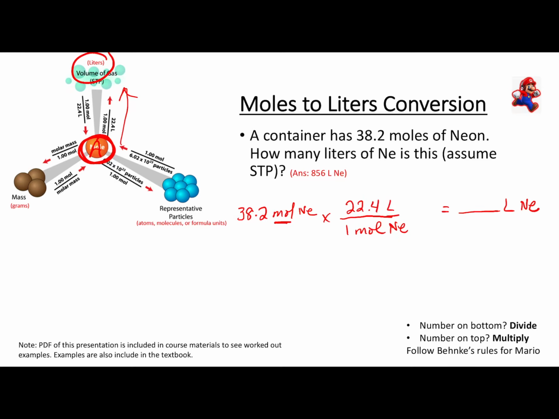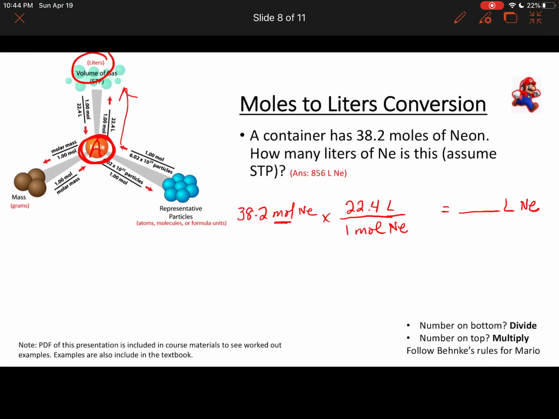22.4 liters. Now one of the main things with unit conversions is that the denominator in the first conversion factor has to be the same as the unit that you start with, because the goal is unit cancellation.